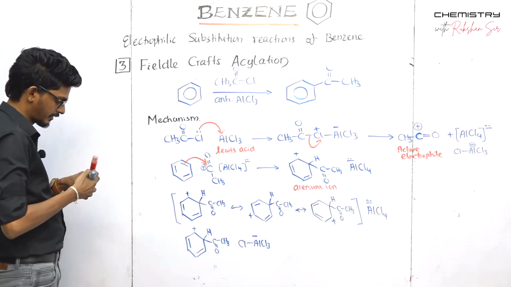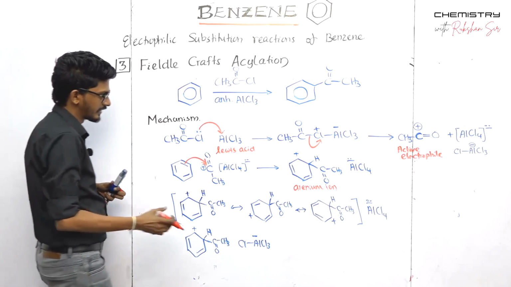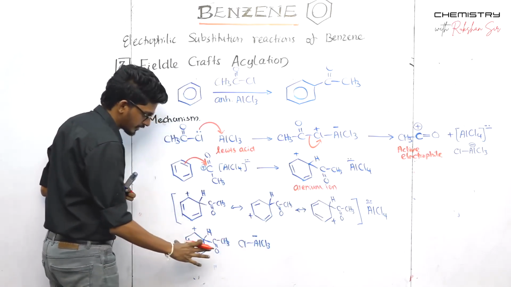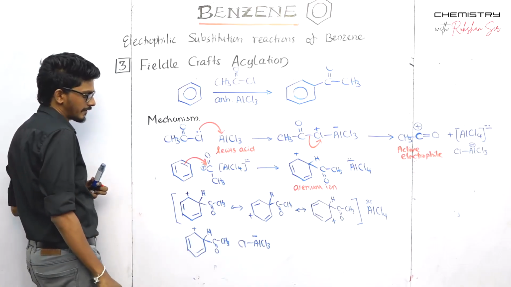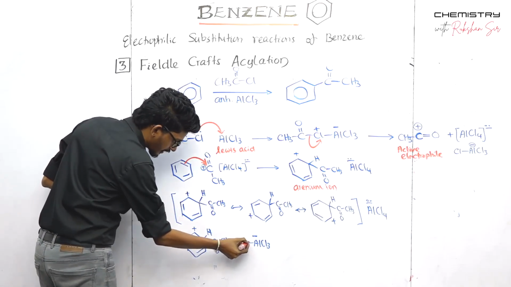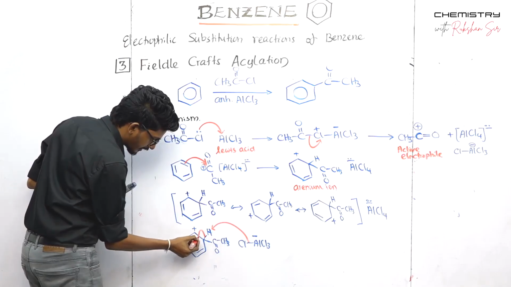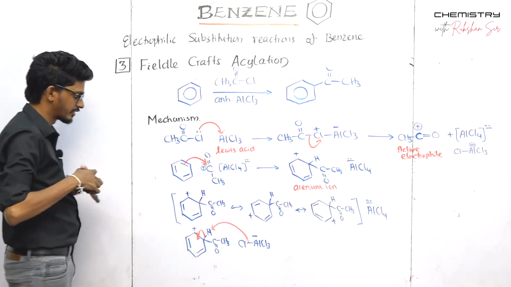So just take this one. These are two guys, which are to be written here, right? So just write it attacked from here, and this hydrogen will leave, making the benzene ring again, right?